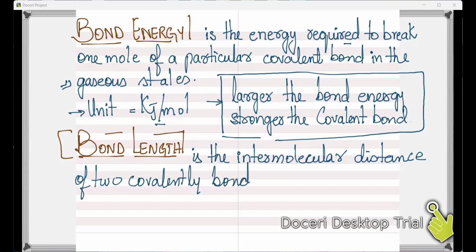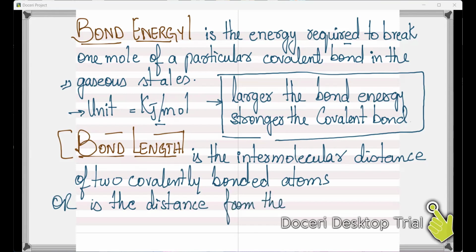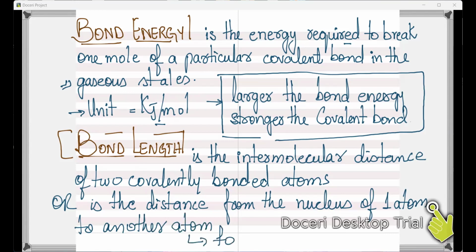Or you can say that it is the distance between the two nuclei of the two atoms that are covalently bonded. Now, there is a question also, and you will try to answer it, but first think and then answer me.